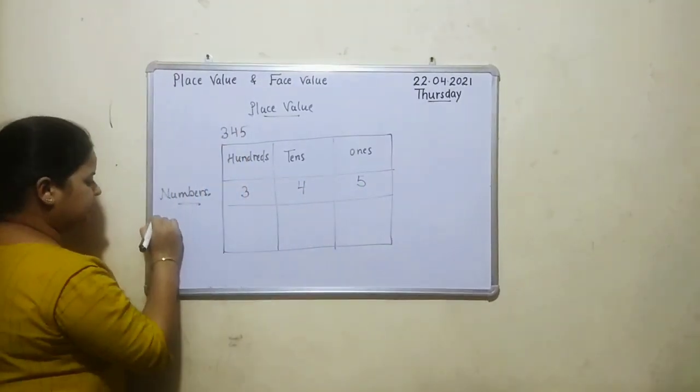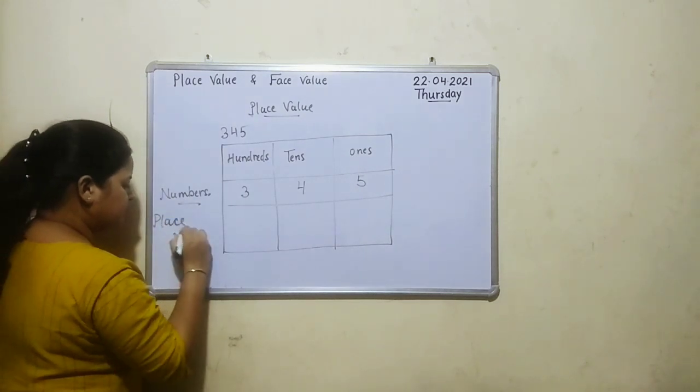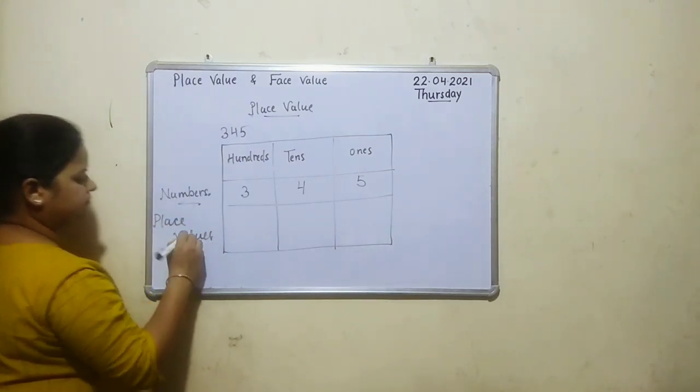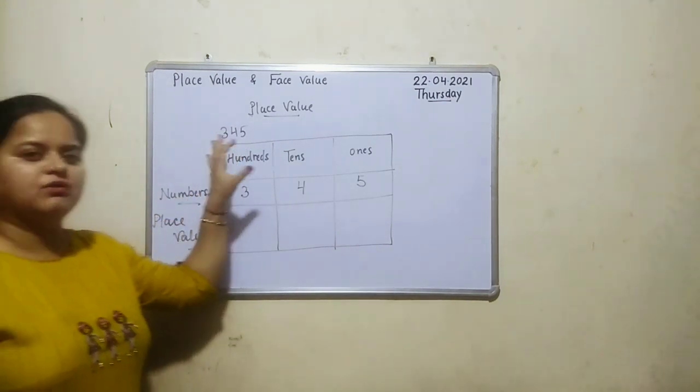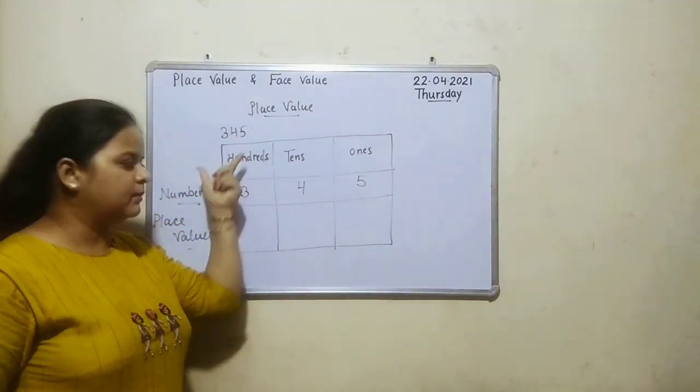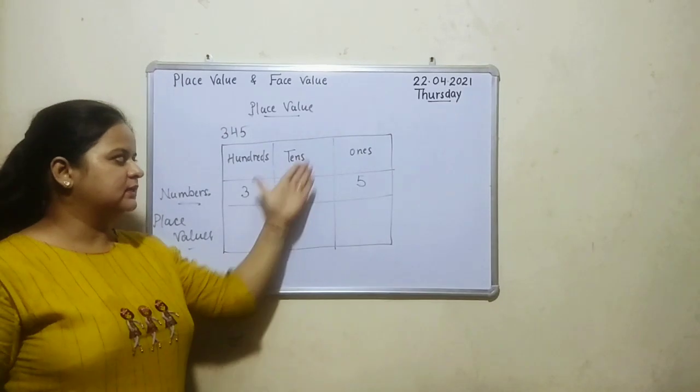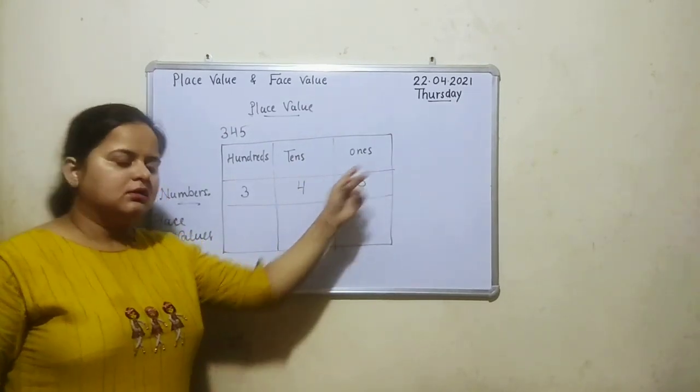Here we will write the place value of digits. The place value of a digit we will decide by the places of the digit like hundreds, tens and ones.